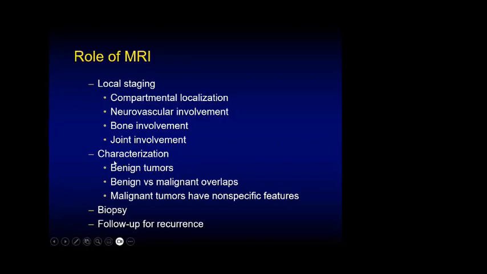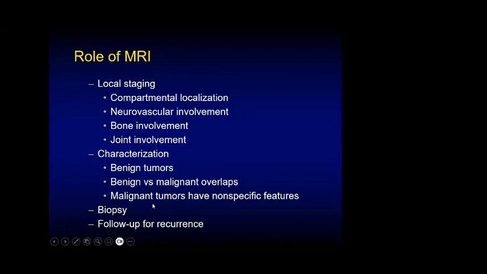The problem with MRI characterization, however, is when it comes to distinguishing some complex benign lesions versus malignant tumors because of the overlap in the signal intensity. There's also overlap in the signal intensity within the malignant group as well, and we'll see examples of that.